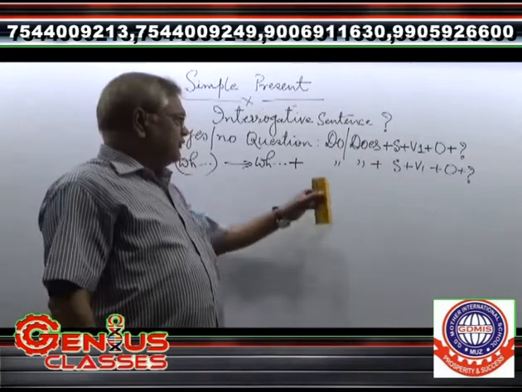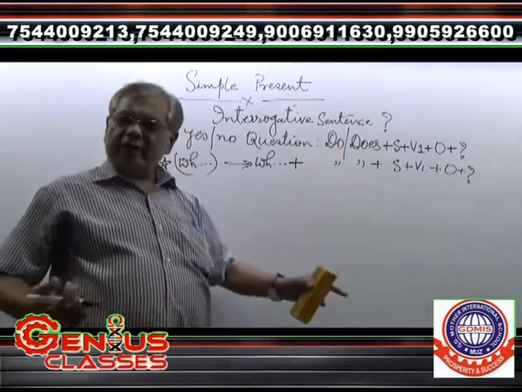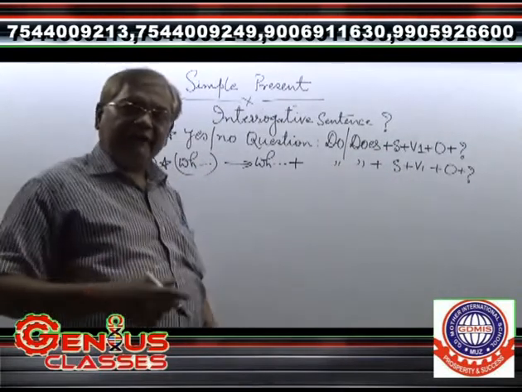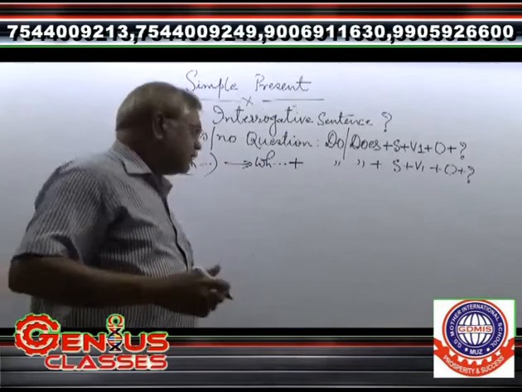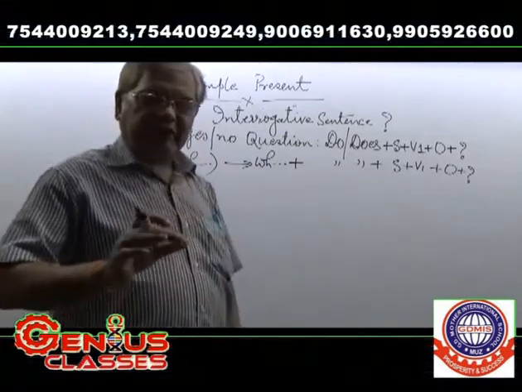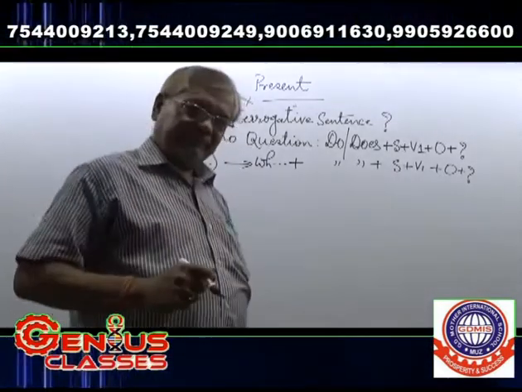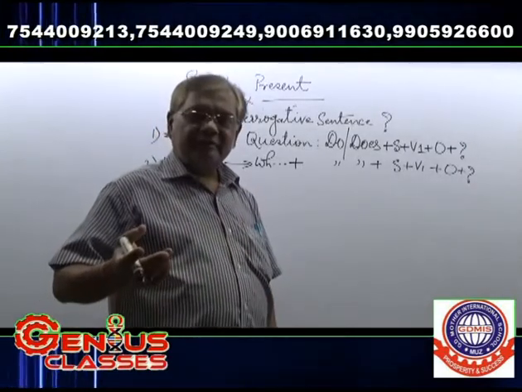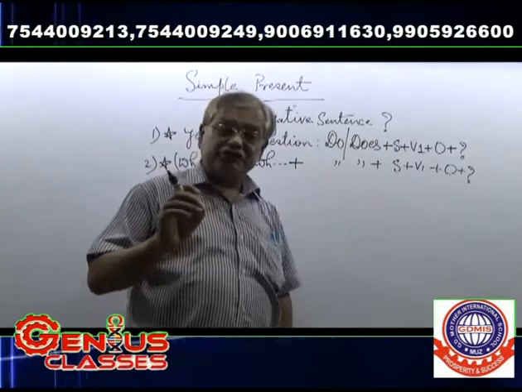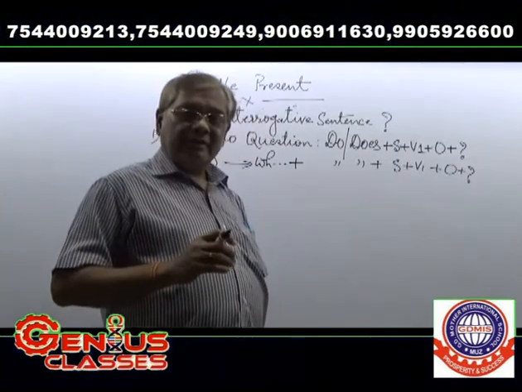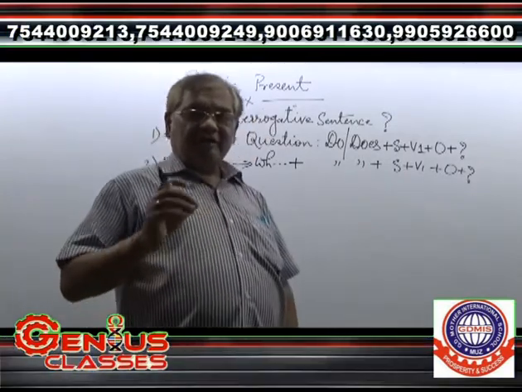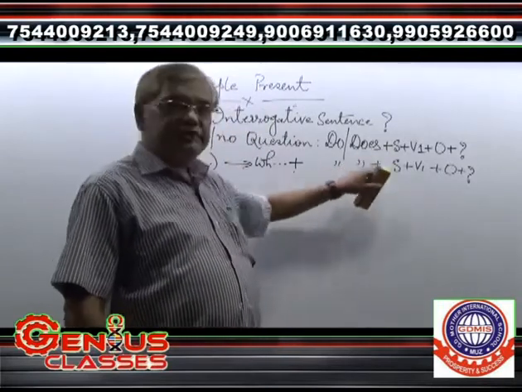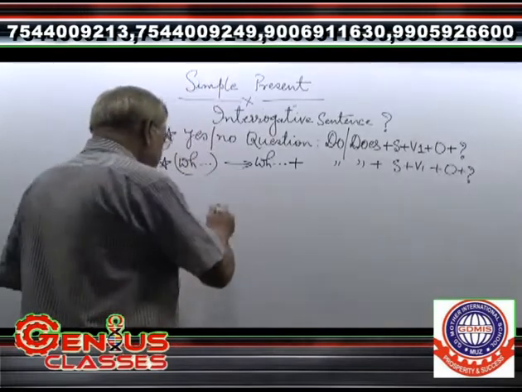Where do is applied, we write do; where does is applied, we write does. Suppose the subject is Sita. Sita is third person, and its pronoun is she. You know very well that for the pronoun she, the helping verb does is used. So we shall write does here.